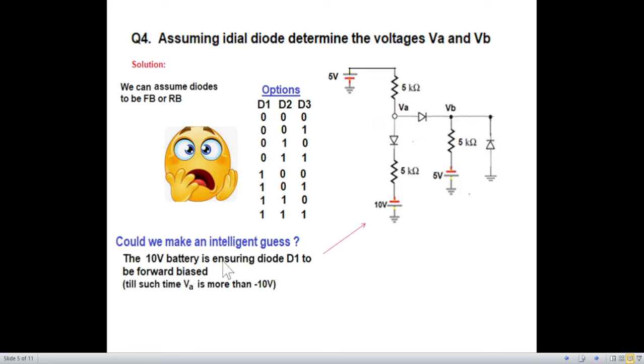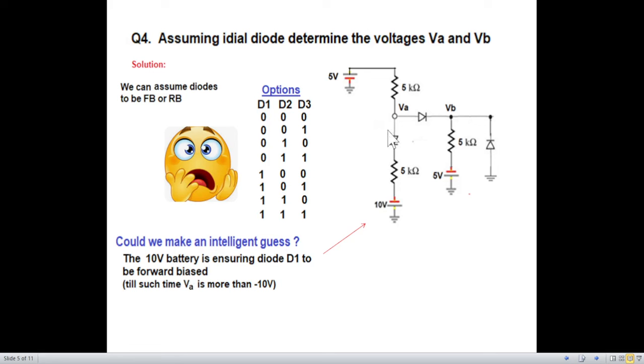This 10 volt battery is ensuring diode D1 to be forward biased. The negative is connected to the negative of the diode, so apparently this diode should be forward biased, unless we have at the positive terminal a negative 10 volt or more, then it will stop conducting. But till such time as VA, this voltage, is more than minus 10 volt, it conducts.